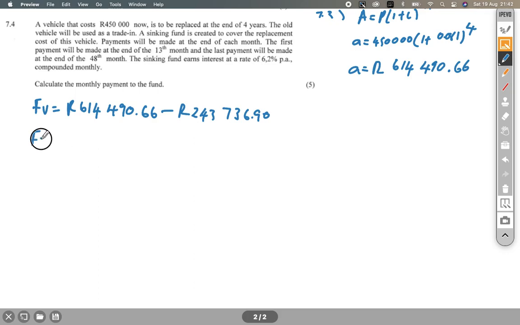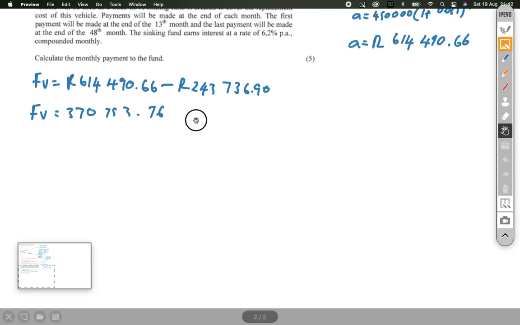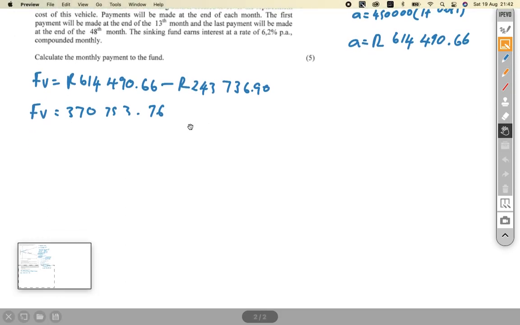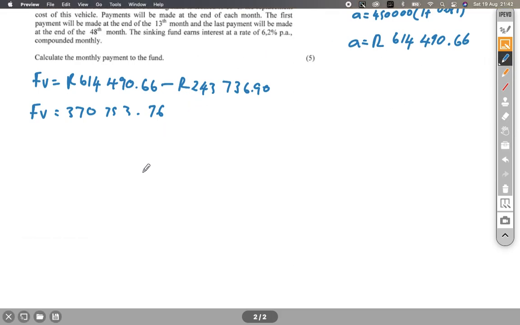Then you should get that this is 370,753.76. So this is how much they are going to spend on the new car, given the fact that they are using the old car as a trade-in.